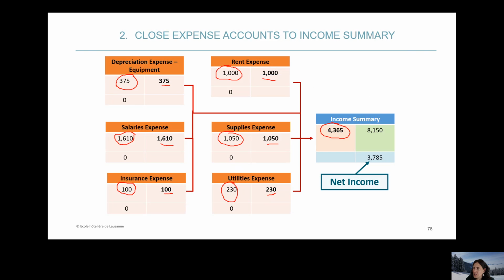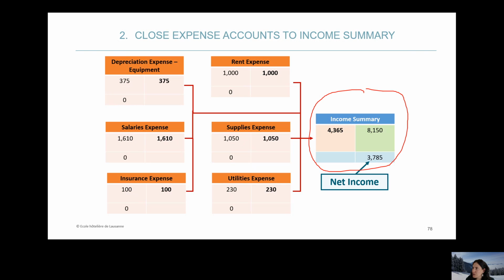So now if I go back here to my previous slide, if I focus now on my income summary account, look, focus. What do I have on the credit side? I have my revenues. What do I have on the debit side? I have my expenses. So what do I have here? It's written here. It's my net income. It's revenue minus expenses.